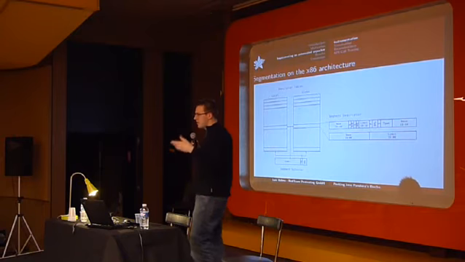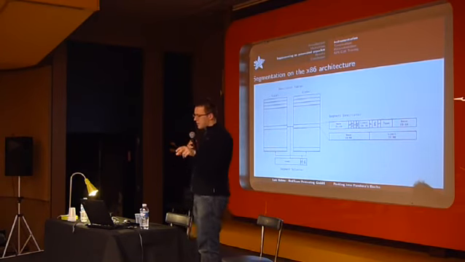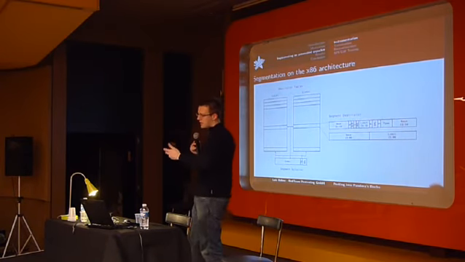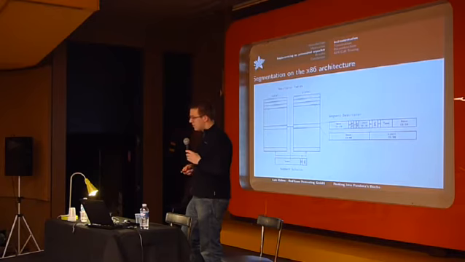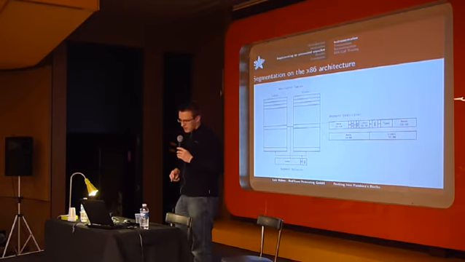Then you can do segment-based addressing. That means you specify the segment and an offset, and the offset is added to the base and checked against the limit, and if everything's fine, the memory access succeeds. This can be used for separating code and data, but nobody does that anymore, as far as I know.